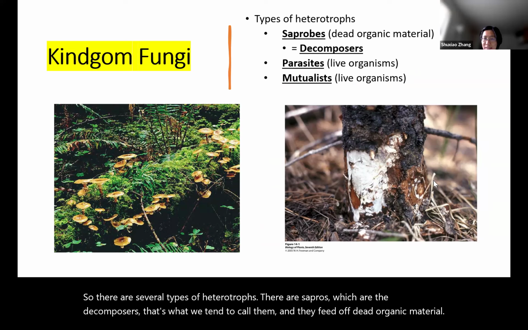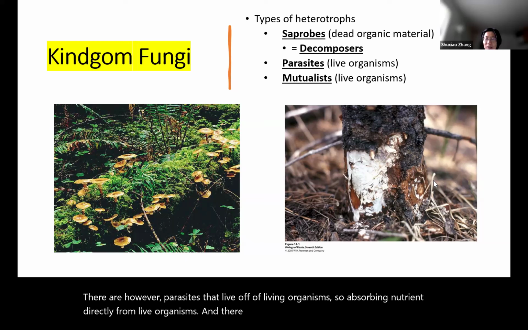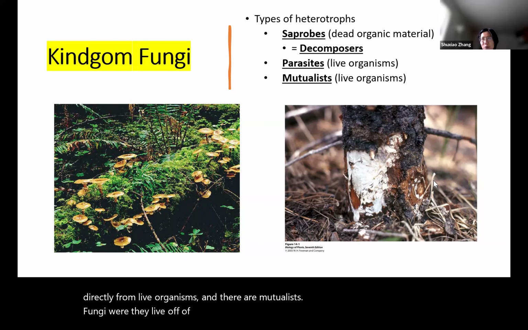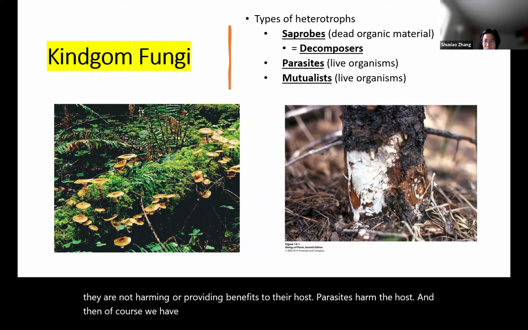There are, however, parasites that live off living organisms, absorbing nutrients directly from them. And there are commensalist fungi that live on living organisms, usually requiring them for support, but they are not harming or providing benefits to their host. Parasites harm the host. And then, of course, we have symbiotic relationships where both sides, the host and the symbiote, will benefit.